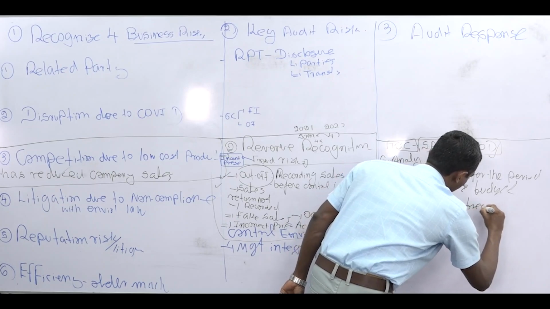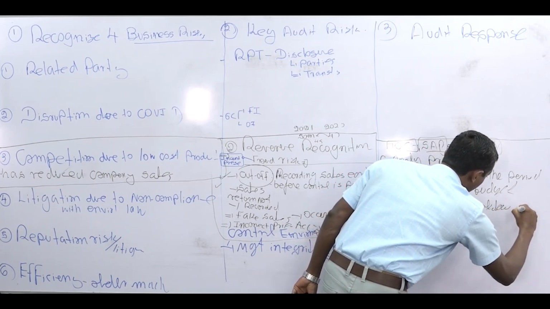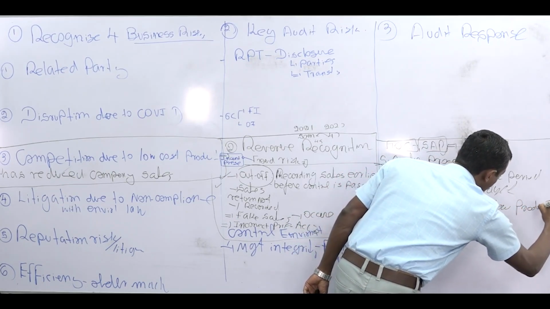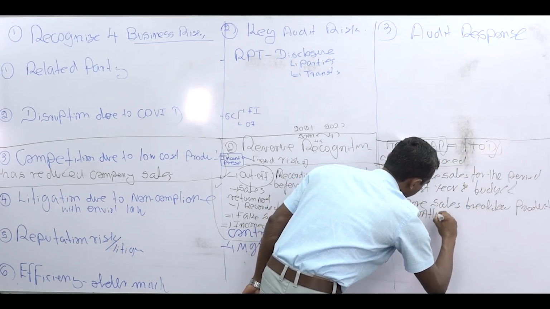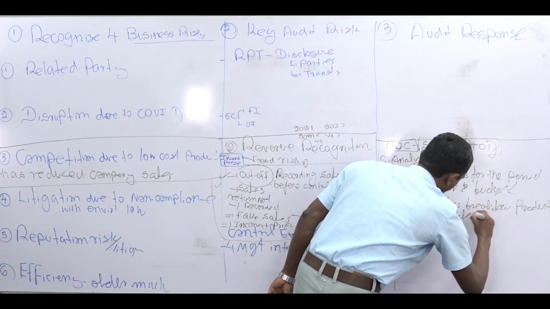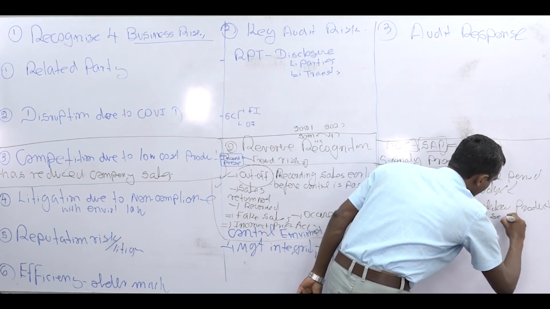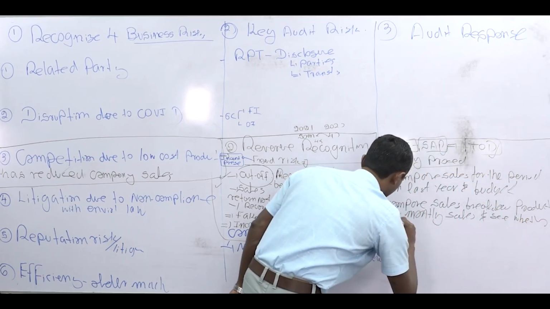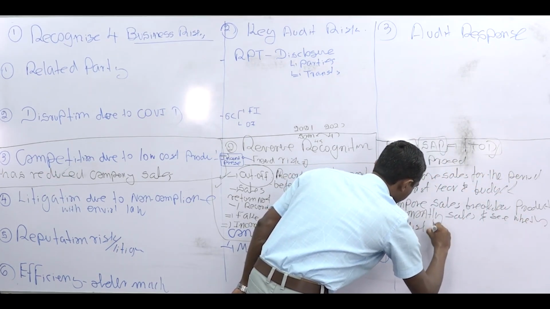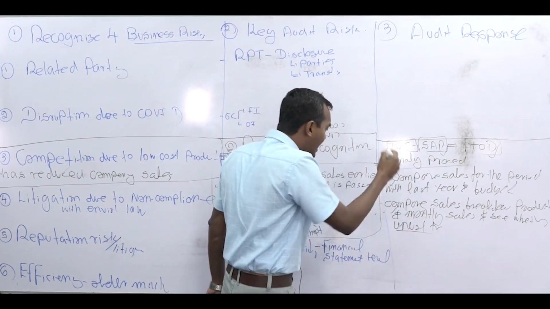So when we say breakdown, we can get by product as well as monthly. Monthly sales. And see whether there are unusual trends. Unusual trends. Right? Now this is analytics.